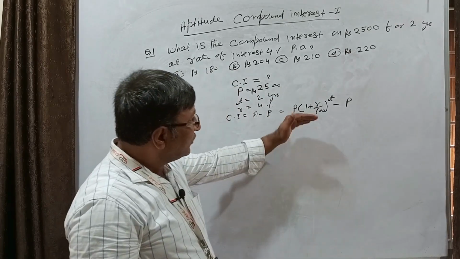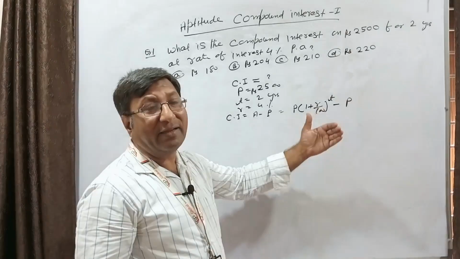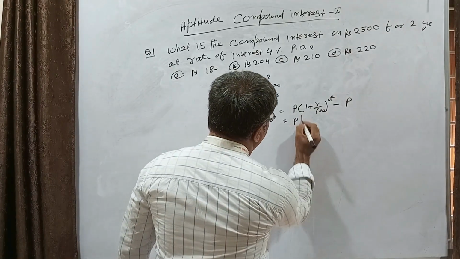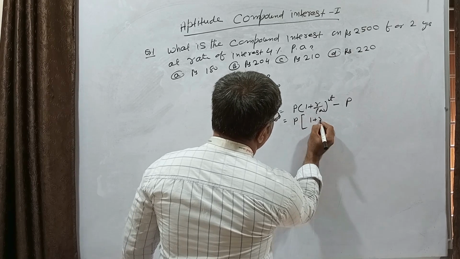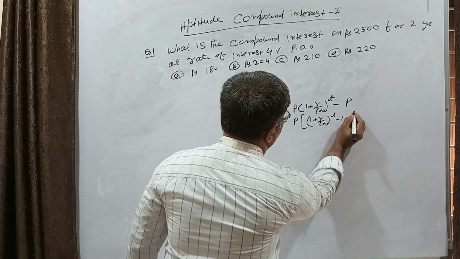But if we want a shortcut, then we take P common, so this is P into 1 plus R by 100 to the power T minus 1.